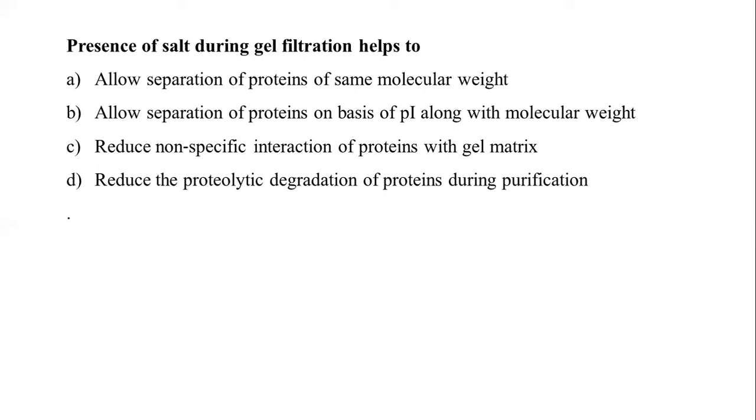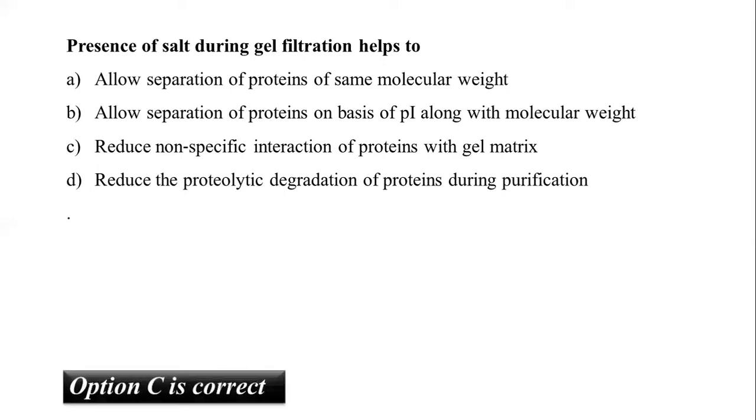So the presence or absence of sodium chloride in the aqueous eluent influences the elution volume of the protein by altering their hydrodynamic radius as a function of salt strength. The correct option is option C, to reduce the non-specific interaction of the protein with the gel matrix so that the elution can happen effectively. That is why the salt is added in gel filtration chromatography.